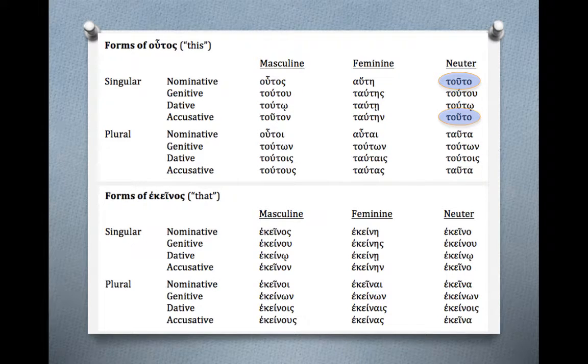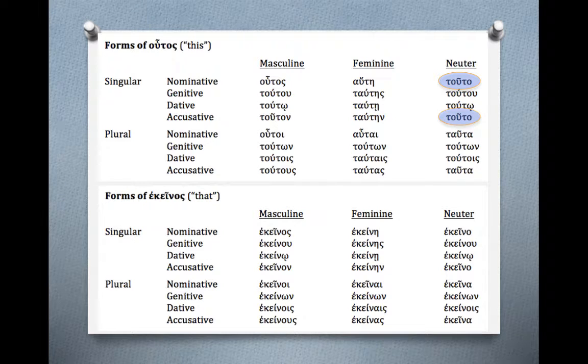We saw this with the article, and it's also true with the personal pronoun and the relative pronoun. And that is that in the neuter column, the nominative and accusative singular actually do not end with the nu. The nouns will. For instance, ergon is a neuter noun, and it ends with a nu in the nominative and in the accusative singular, ergon.